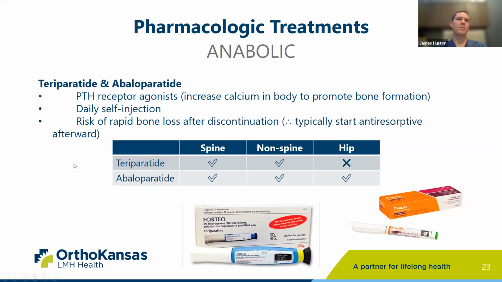The mechanism of action of these is parathyroid hormone receptor agonists. So they are basically increasing the calcium levels in the body to promote bone formation. That's a normal function of the PTH receptor, and they are just augmenting that in order to increase bone formation.